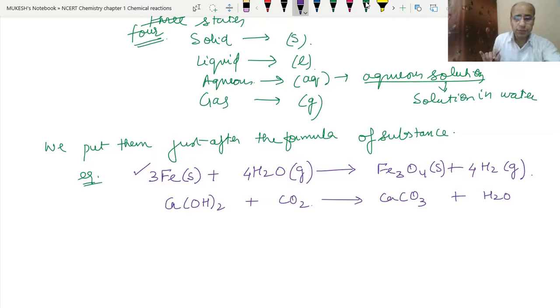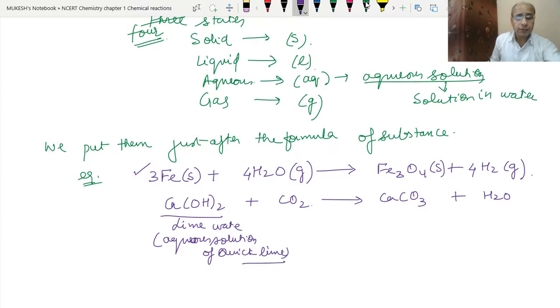Now see what we are using, the lime water. What is lime water? It is an aqueous solution of quicklime, meaning when we put quicklime into water, then after the reaction lime water is formed. So we will write AQ here.